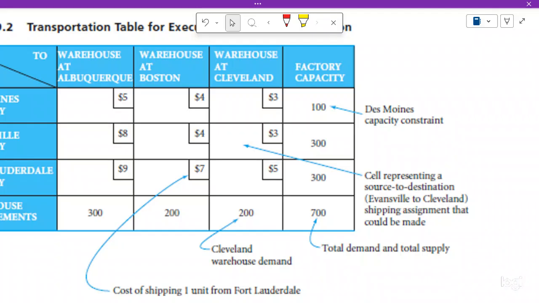Here is demand, and this is supply. On the first column, where do we start supplying? Lowest cost, so this one, 5. We are trying to meet demand. How much do we have? We have 100. You place the whole 100 there.